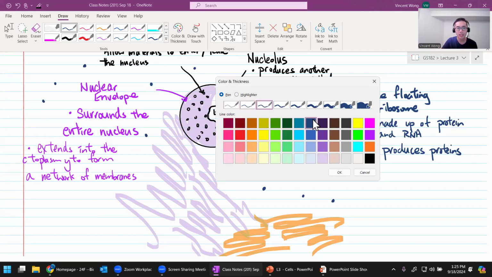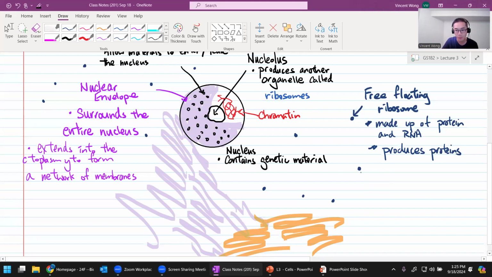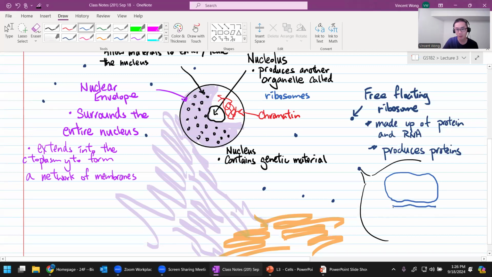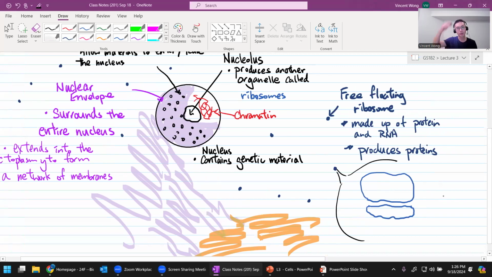Now, I'm just going to zoom in on one of these ribosomes. They are really small compared to other organelles, but if we zoom in, and you have to believe me, this is for real. I'm not making this up. You can read it in a textbook. The ribosome is like a burger. There is a top bun and a bottom bun.